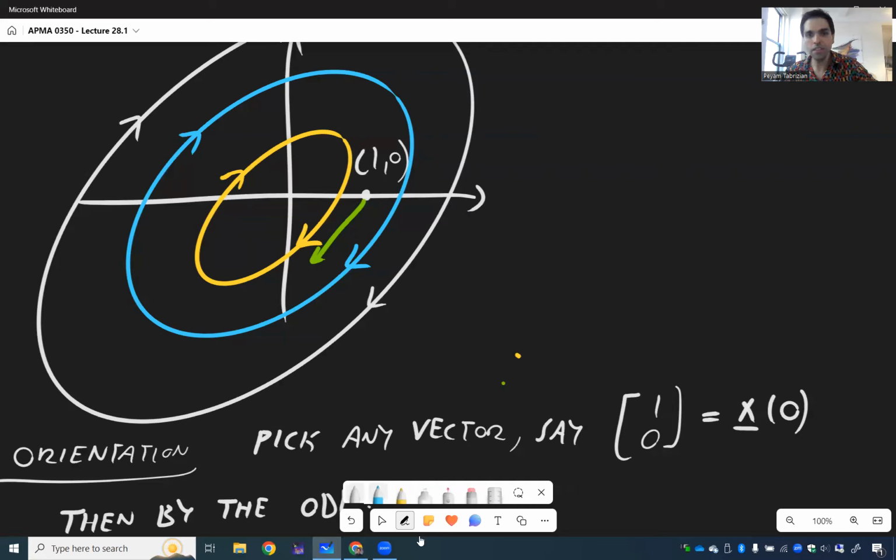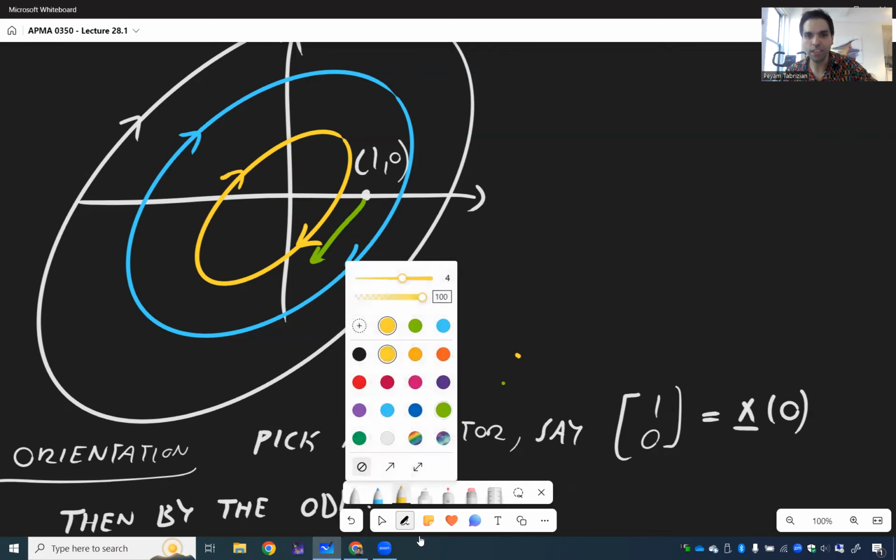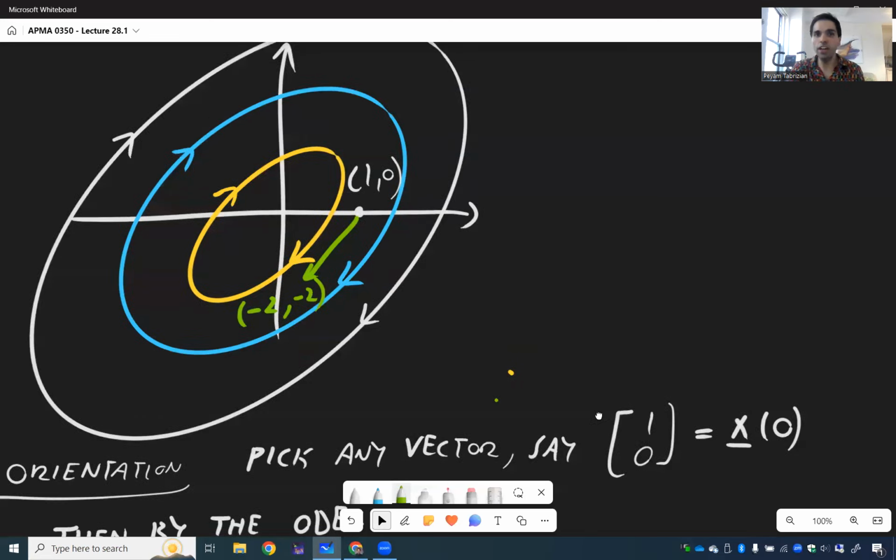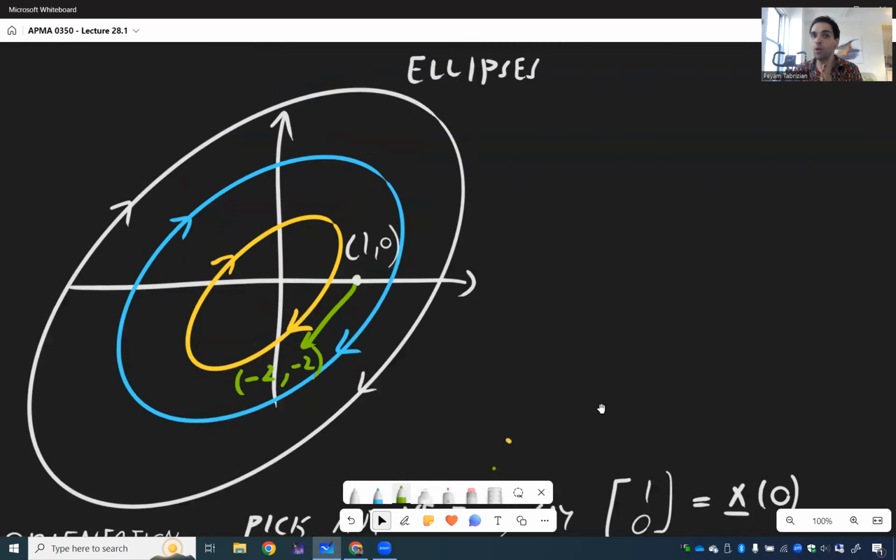And the cool thing is, this gives you an easy way to check for the orientation. (-2, -2). And once again, you are not responsible for knowing the axes here, but you are responsible for finding the orientation of this. In the next example, we'll see all this is much faster in practice.